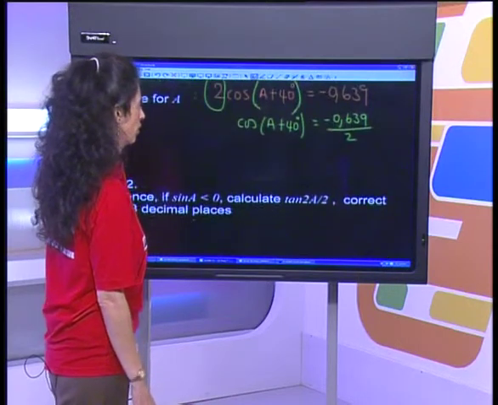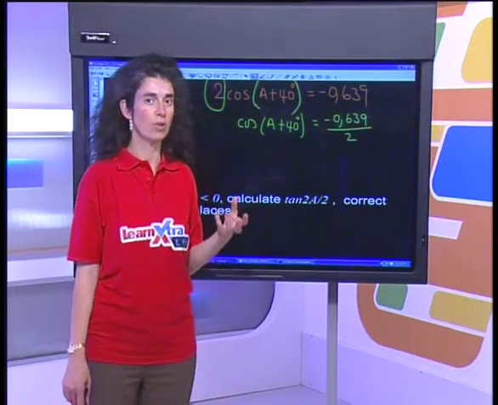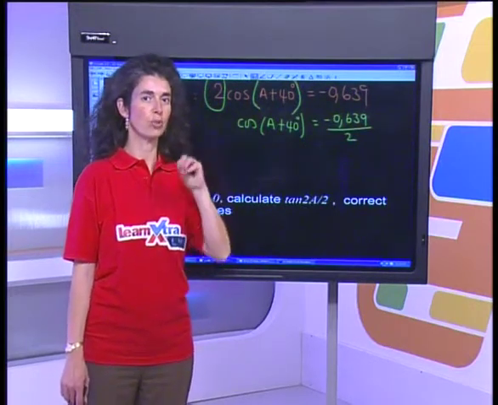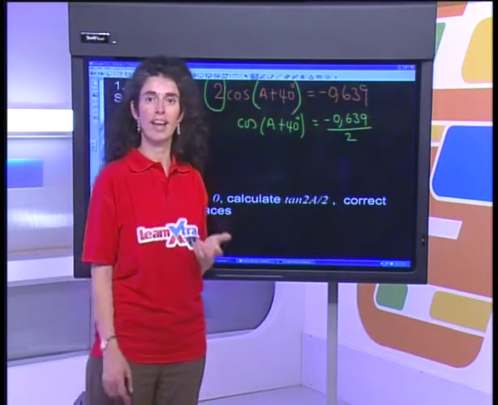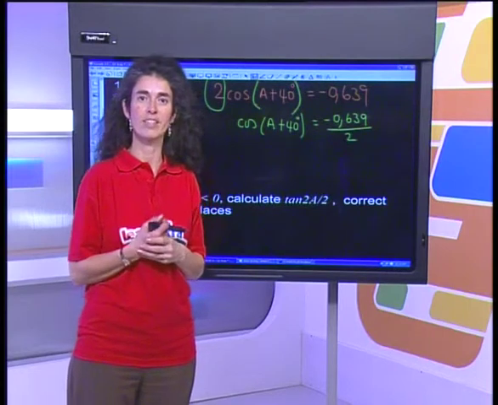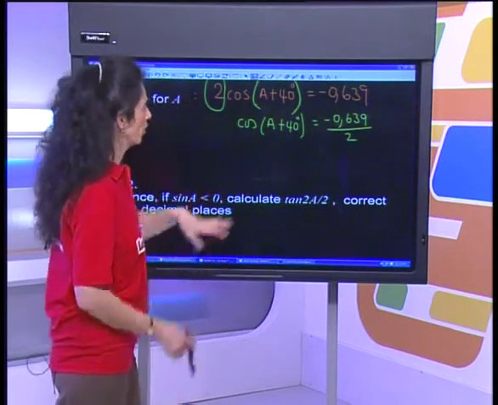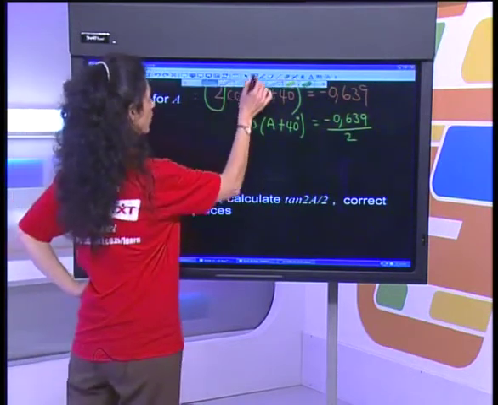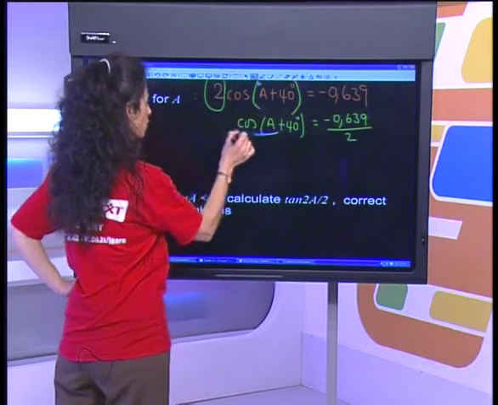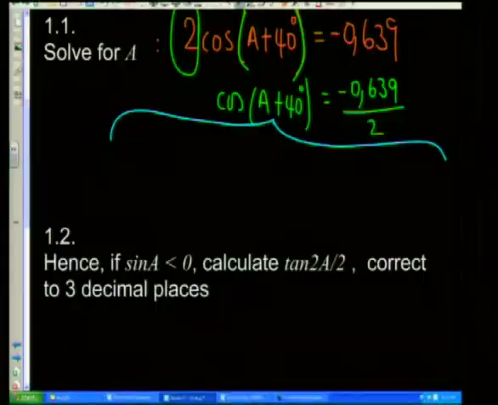So we go back there, and we've got a negative ratio. What are we expecting the calculator to give us? The calculator is only a machine that you're putting stuff into, and it's giving you stuff out, but you need to engage with that answer to see whether you're doing the right thing. Negative ratio means the angle's obtuse. So firstly you're going to have a positive obtuse angle, and then a negative obtuse angle.